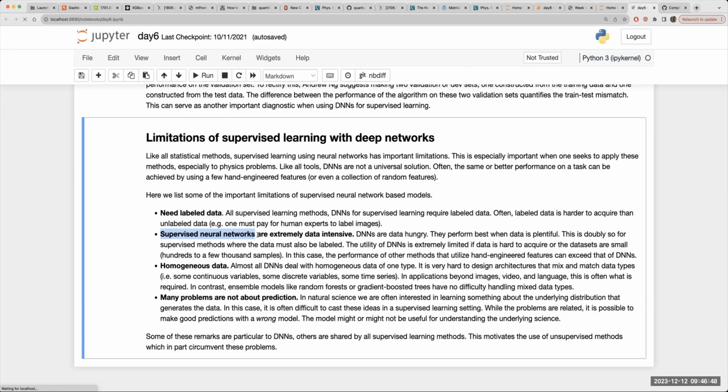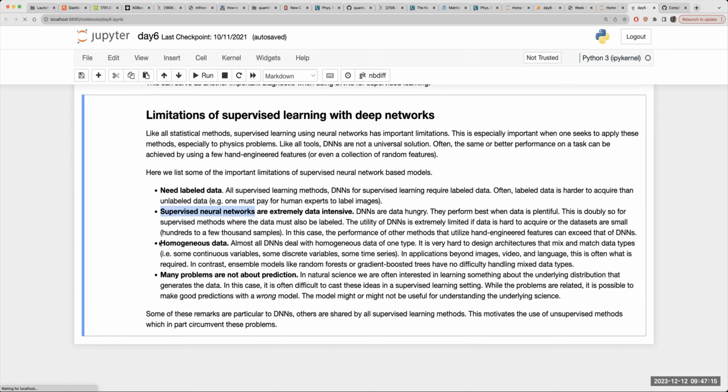If we now have, let's say, 1 million images of 100 × 100 pixels, that means we would have 10,000 input nodes with 1 million images, and that defines our design matrix. So these methods are typically very data intensive, and the network normally performs best when we have lots of data.